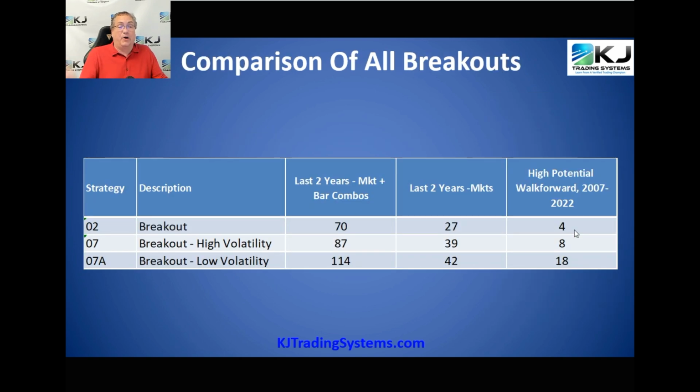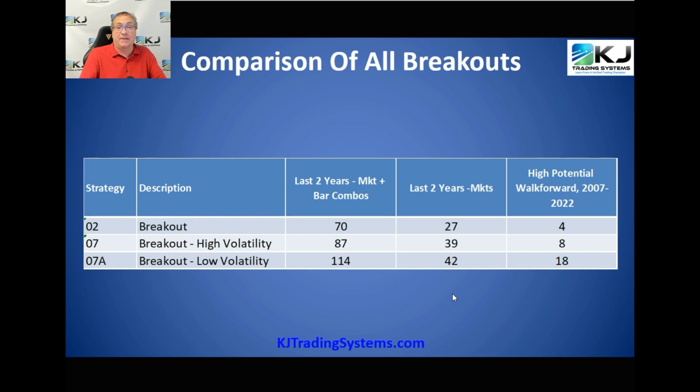So let's compare all the breakout versions. So strategy number 2, another video, was just a simple breakout. Then what I call strategy 7 is the high volatility, and 7A is the low volatility. And you can see the low volatility wins with the high volatility being second and just the normal breakout being the worst.